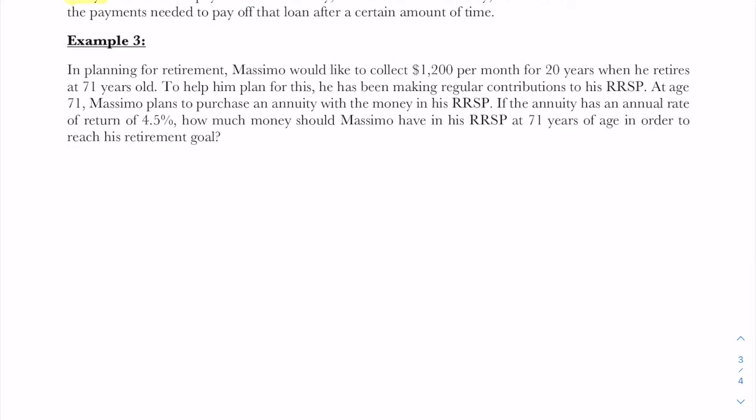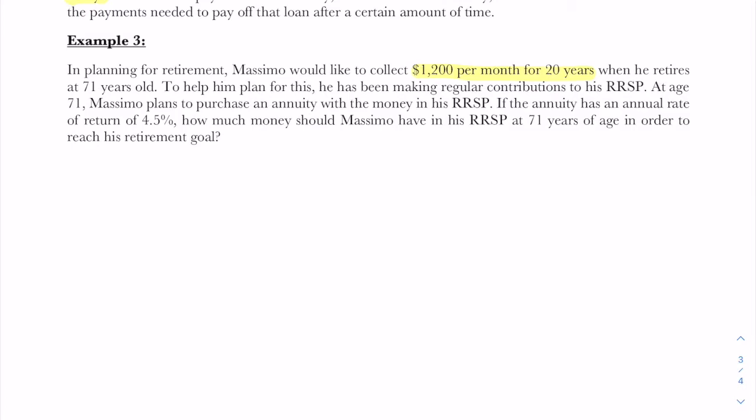Let's take a look at example 3. In order to plan for retirement, Massimo would like to collect $1,200 per month for 20 years when he retires at 71 years old. In order to help him do this, he's been making regular contributions to his registered retirement savings plan.